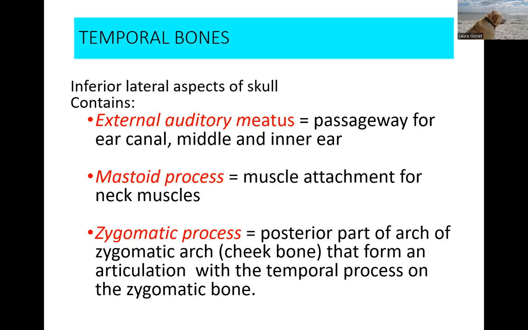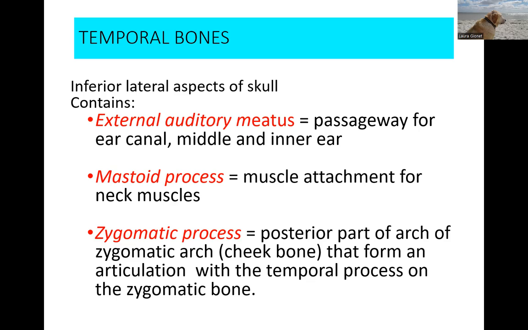The mastoid process, found posterior and inferior to the external auditory meatus, functions as a muscle attachment for neck muscles. Specifically, it will be the sternocleidomastoid muscle.